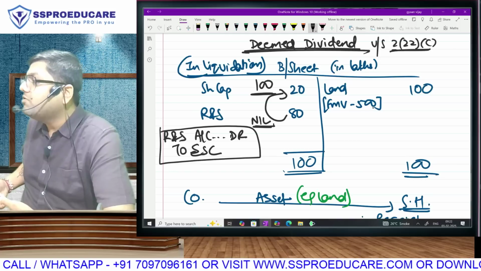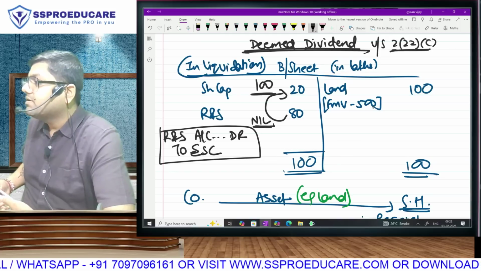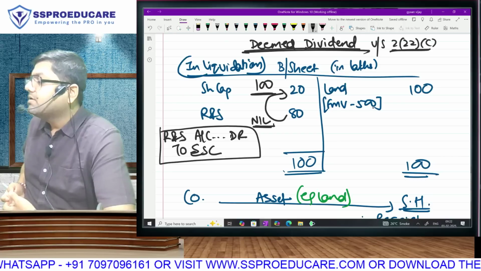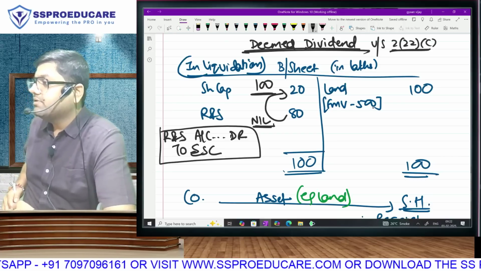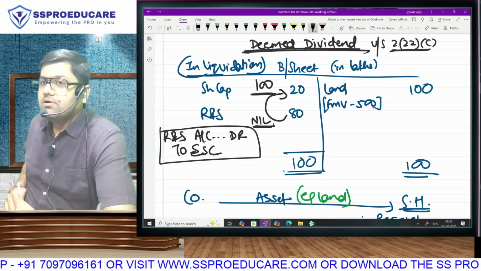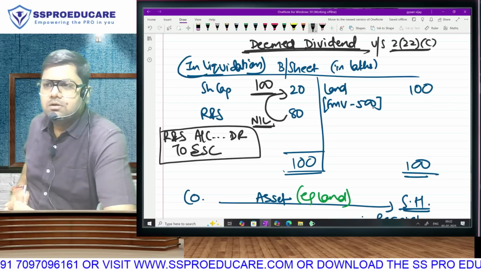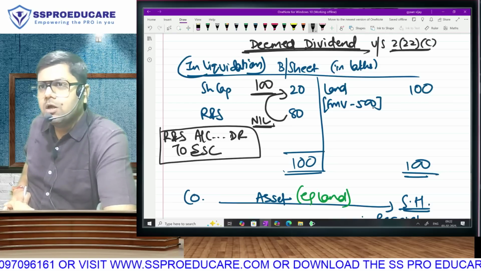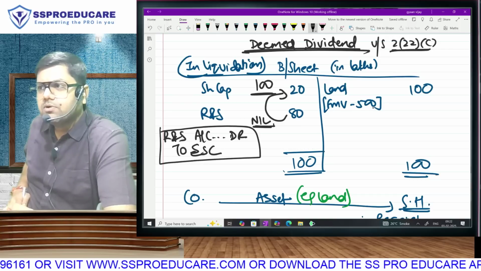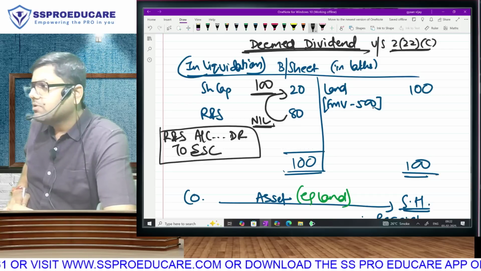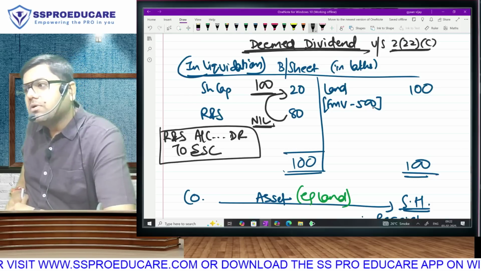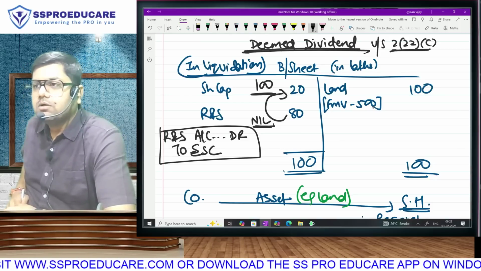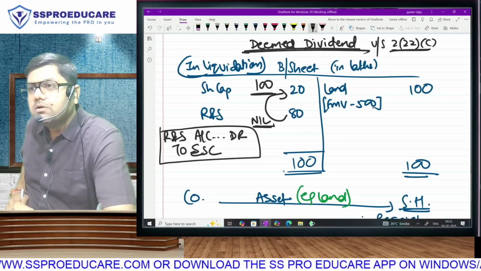I explained the meaning of this entry. So what do you call it? What is capitalization of profit? Anyone?